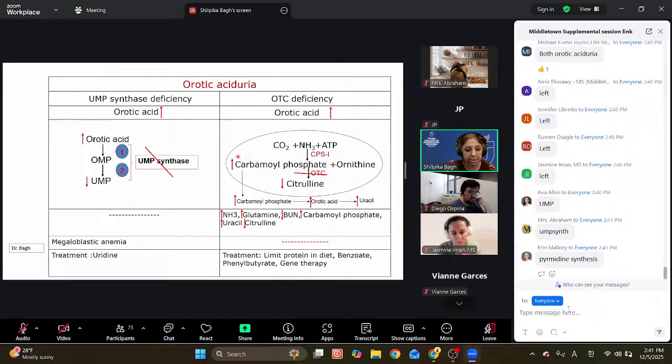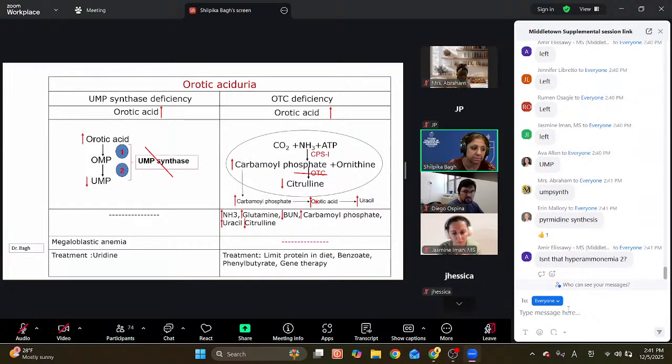Carbamoyl phosphate accumulating in the mitochondria is just pushed into the cytosol to do pyrimidine synthesis, because these intermediates are common to the urea cycle and pyrimidine synthesis. That's why there's nothing wrong with UMP synthase here. That's why there should be no low uracil or low UMP. Yes, this is hyperammonemia too, absolutely.